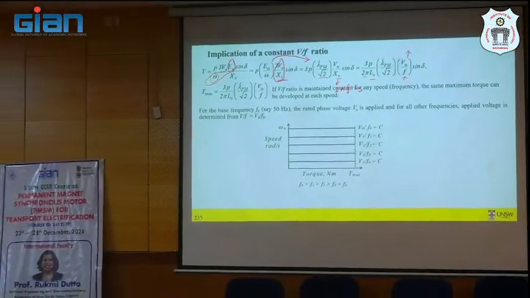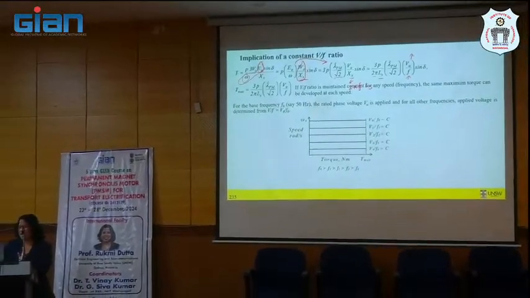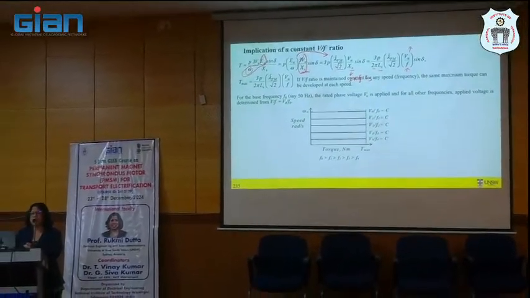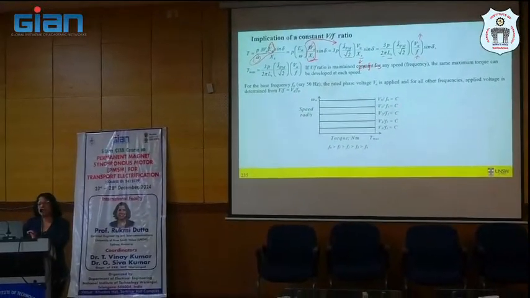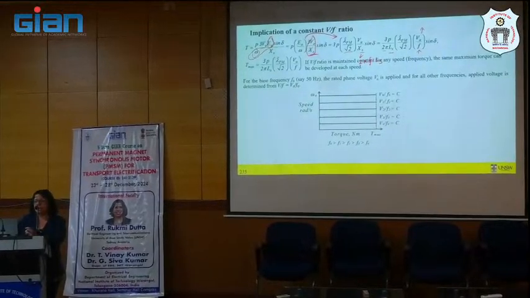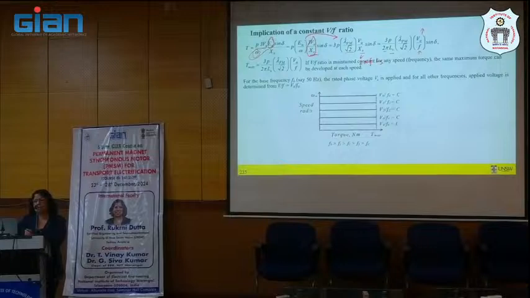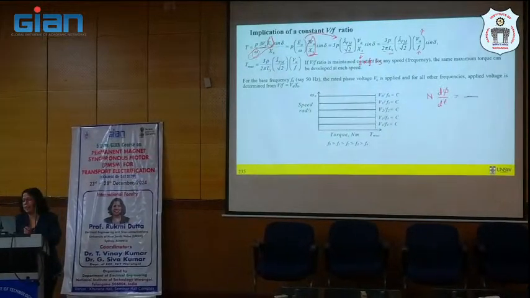What's the problem with low speed? I'm keeping V by f constant, running the motor, but at very close to 0 speed, or let's say 5 to 10% of the rated speed, I can't get maximum torque if I don't do something.